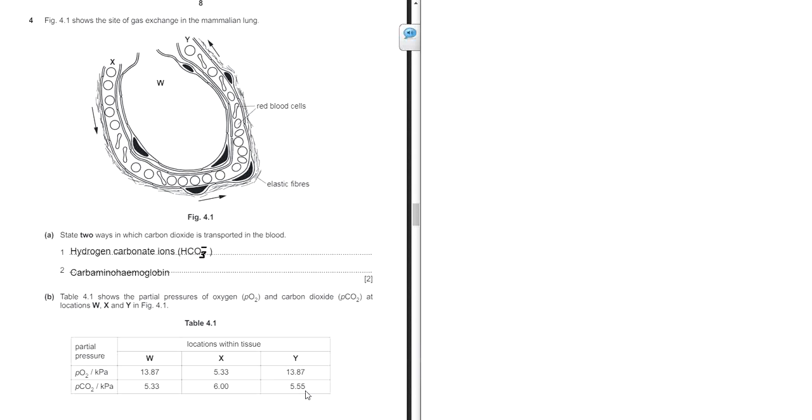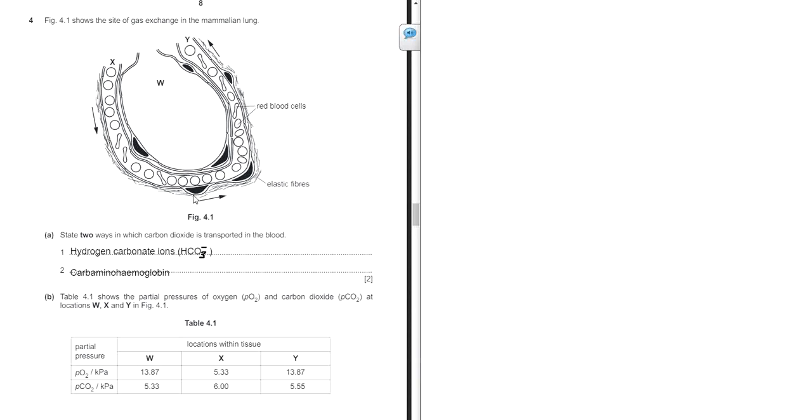We can see as well that W represents the air in the alveoli, and X and Y are the blood. X is the blood in a capillary before it passes along the lining of the alveoli, and Y is after it has passed by the alveolus.